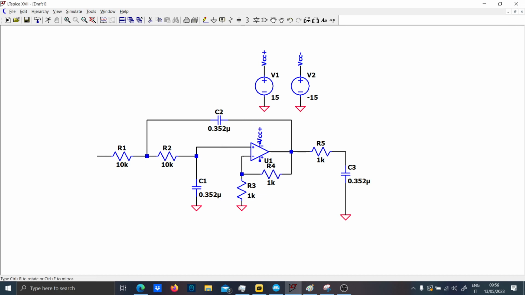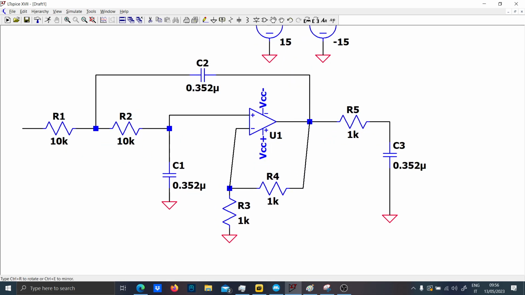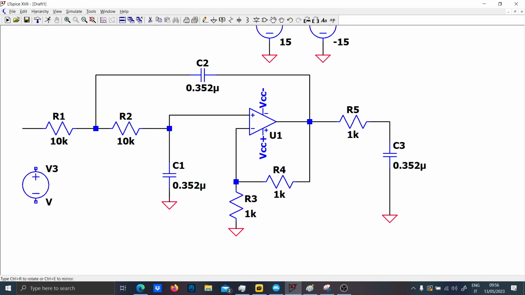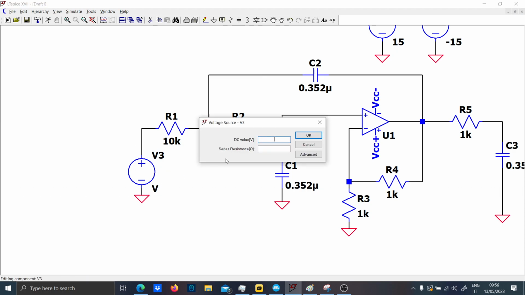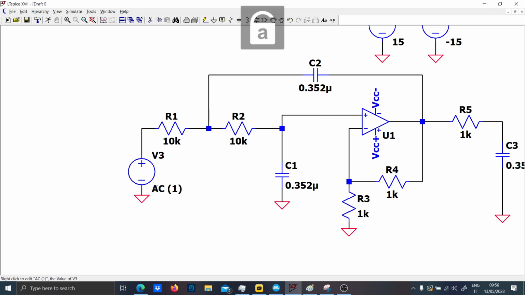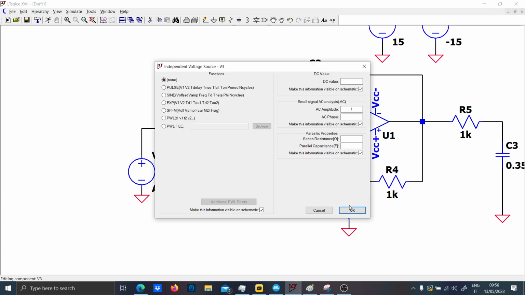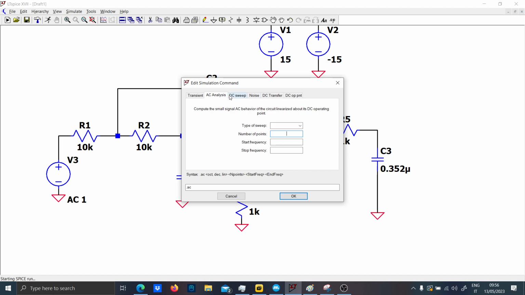And let me put it here and here. I don't like overlapping. And let me put AC 1. Okay, so now let's simulate the response.